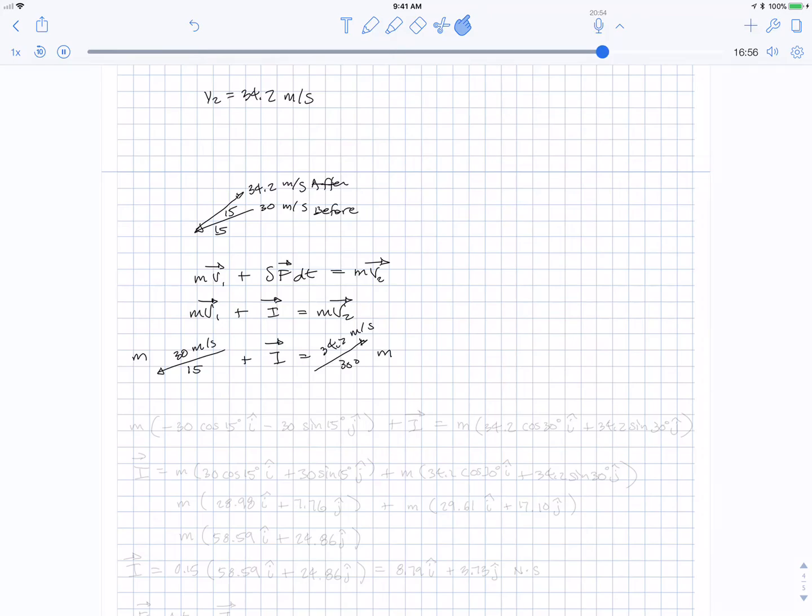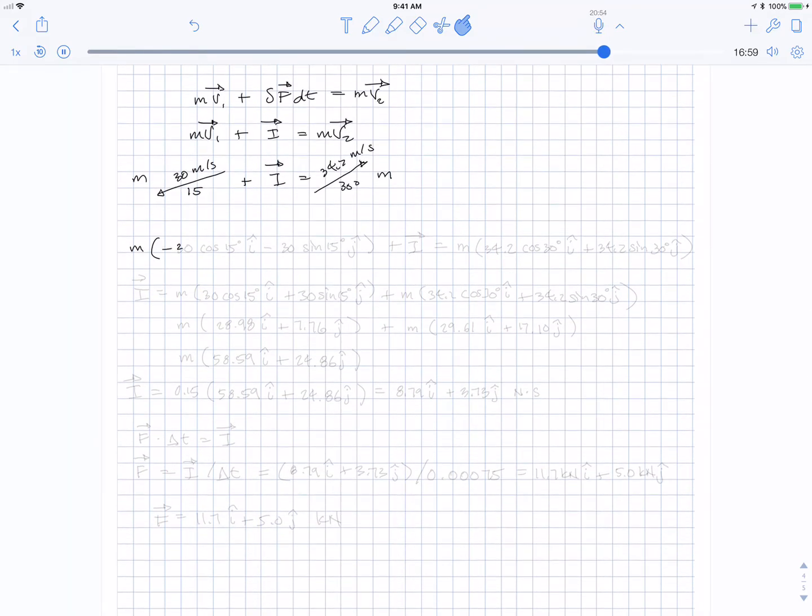So the first one will be the mass times minus 30 cosine 15 degrees in the x direction and minus 30 sine 15 degrees in the j direction, plus the impulse vector will equal the mass times 34.2 cosine 30 degrees in the x direction plus 34.2 sine 30 degrees in the j direction, or y direction.